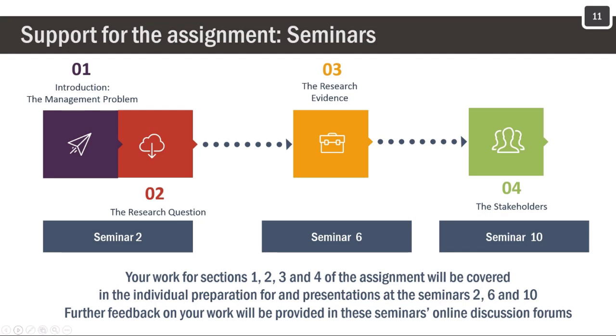Then later on in the module, we will ask you to do the work on your research evidence, that is section 3 of the assignment. And again, this will be your unit task and you will present your work at a seminar, that is seminar 6. And then you work for seminar 10 and that week's unit task will help you address section 4 of the assignment, the stakeholders.